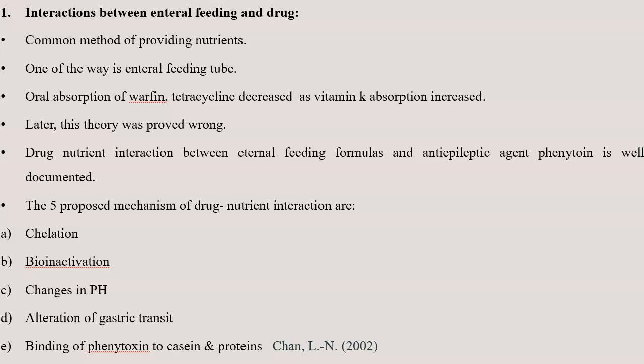Change in pH is the change in the acidic or basic form of the gastrointestinal environment. Alteration of gastric transit is a change in the speed at which substances move. Lastly, binding of phenytoin to casein or protein is a kind of protein interaction with phenytoin, hence affecting absorption.